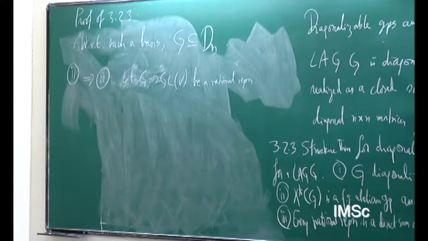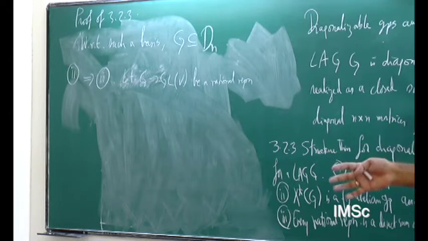So instead of one, you have several. The space corresponding to those elements which transform as a given character, you set them up into several pieces.